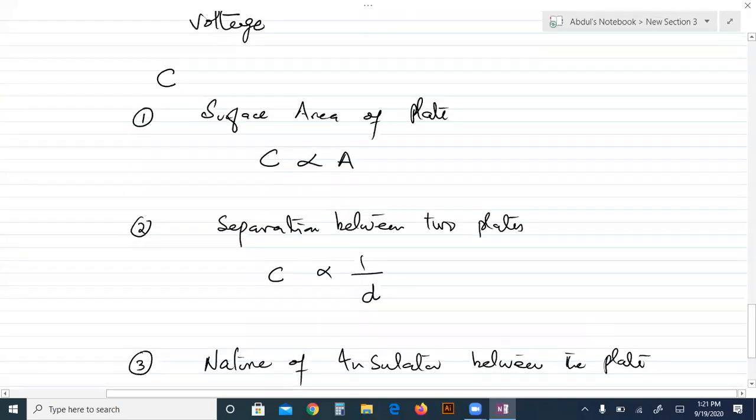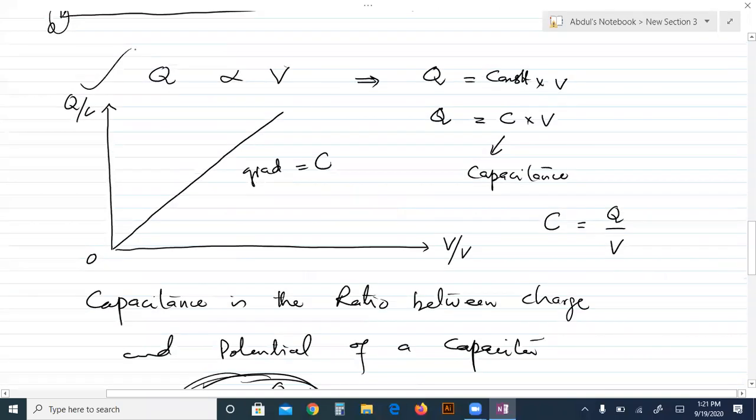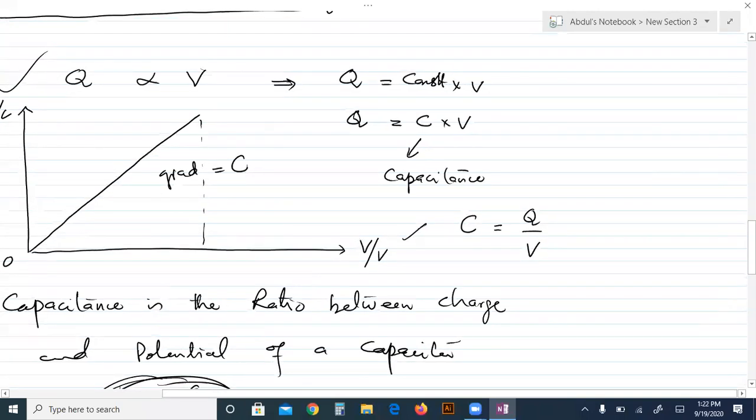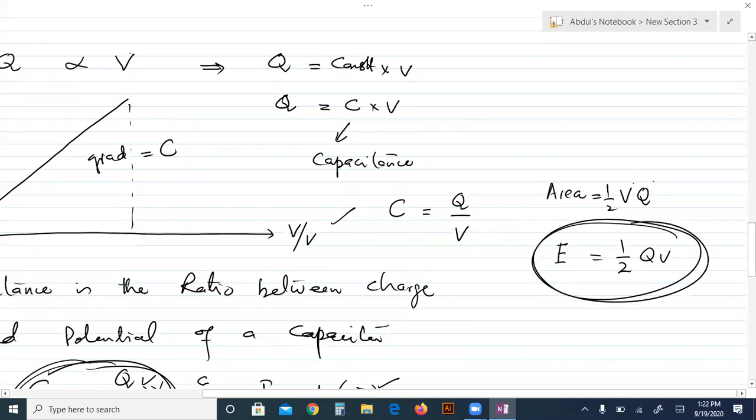Now move back to this graph, which is Q against V. If the area of this triangle is calculated, area is equal to 1 by 2 base into height. Charge multiplied by voltage is the energy. So the area under this graph will be equal to energy, which can be written as half QV.